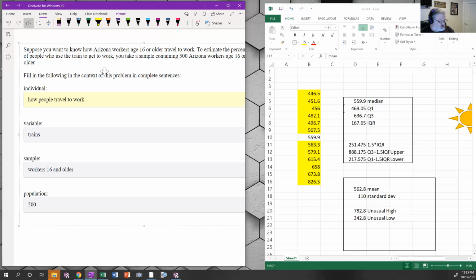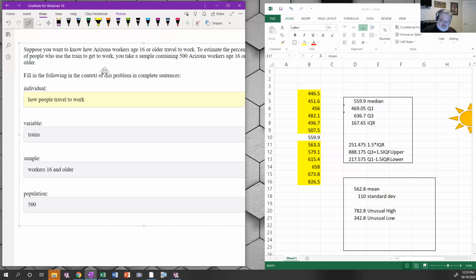A common answer to this question was people traveling to work, or workers 16 or older. Workers 16 or older is your population. Your individual is an individual worker, a specific worker.